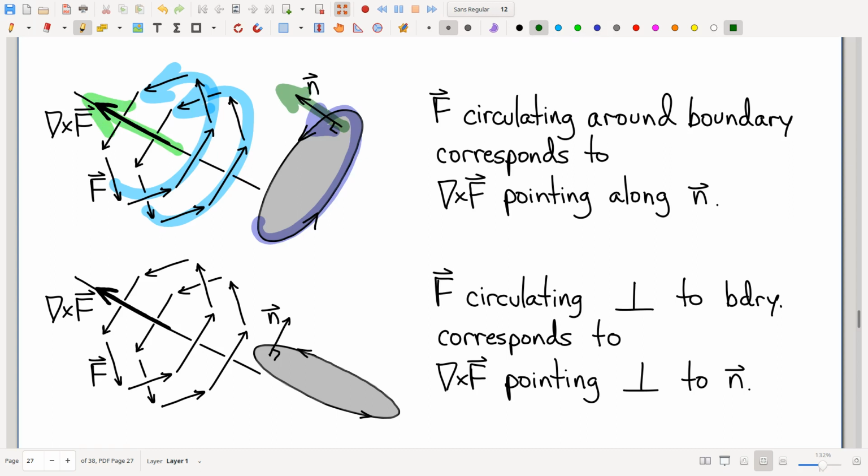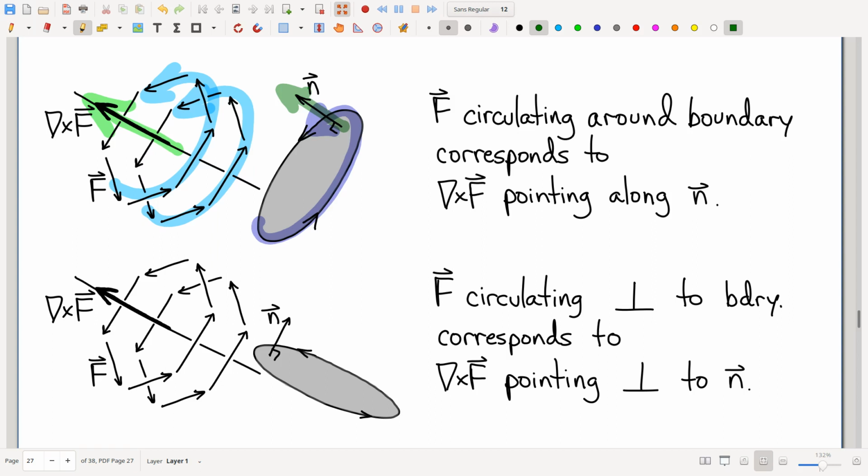Looking at what I have in blue, the flow of the fluid along the boundary being in the same direction is geometrically simultaneous with the curl and the normal vector being in the same direction. So the significant amount of circulation that I should pick up there, I'm going to get that with this dot product. Curl.n, yeah, that's a significant dot product. They're pointing the same way.